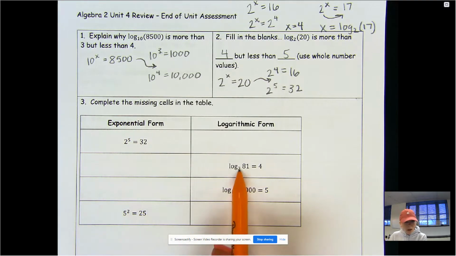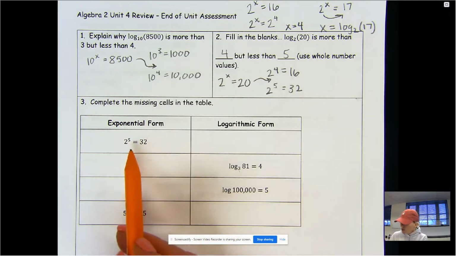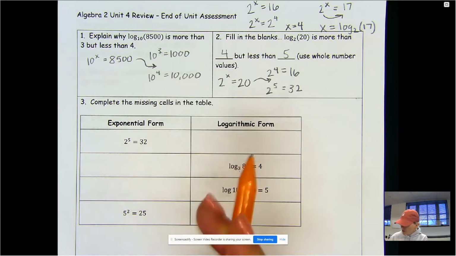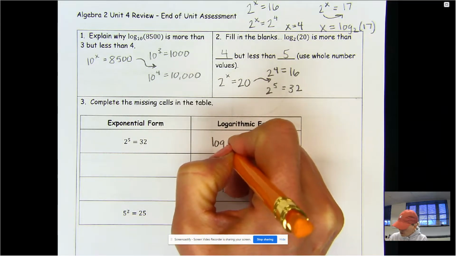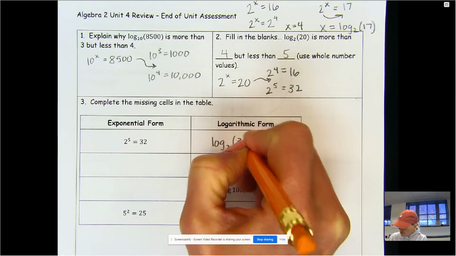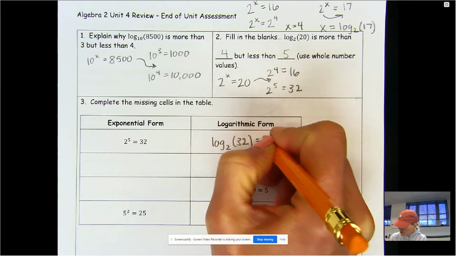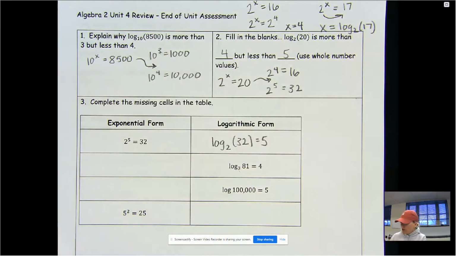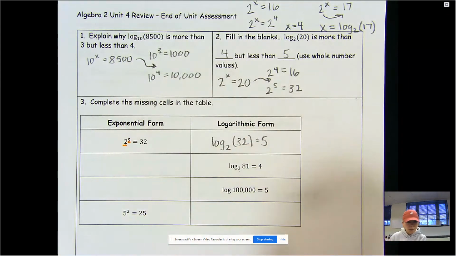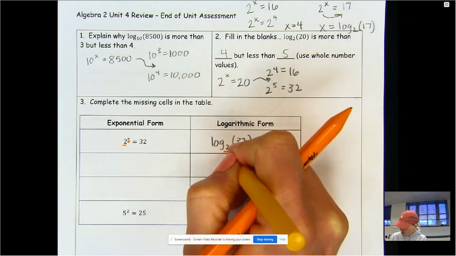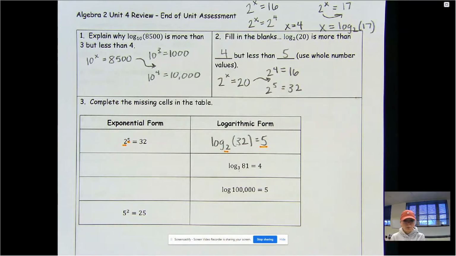So for 2 to the fifth equals 32, that means log base 2 of 32 equals 5. Notice that the 2 and the 5 are together in exponential form, and so they are separate in logarithmic form. They're not on the same side of the equal sign. All right?